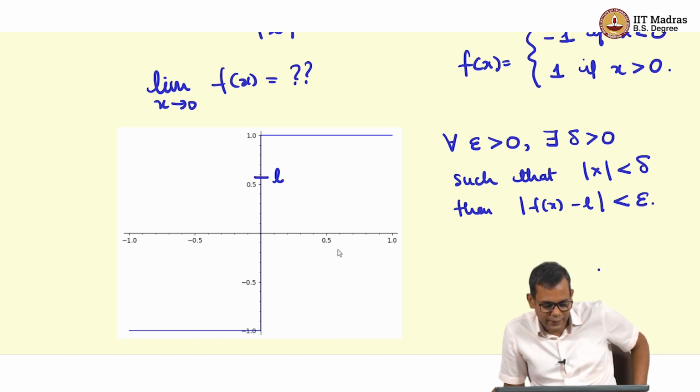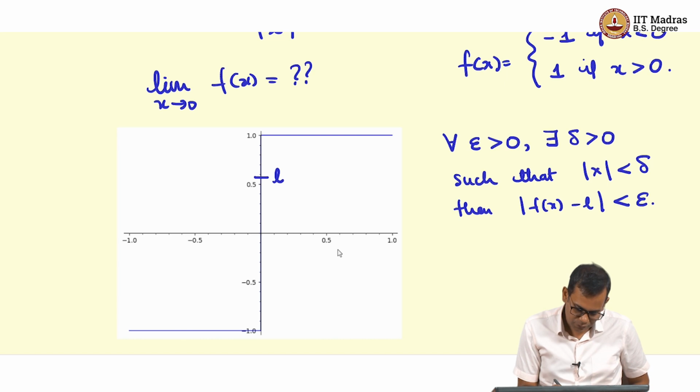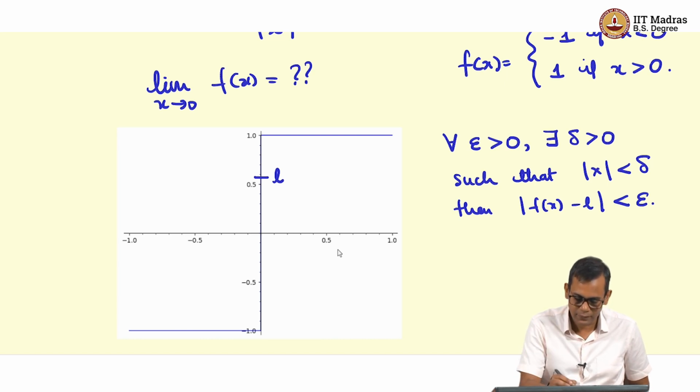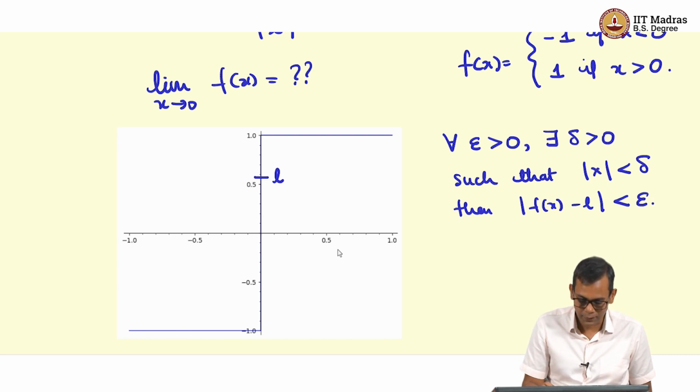But we do not think this function has any limit, because when you are close to 0 from the left, the function is minus 1, when you are close to 0 from the right, the function is plus 1, and both plus 1 and minus 1 cannot simultaneously be close to any number L.